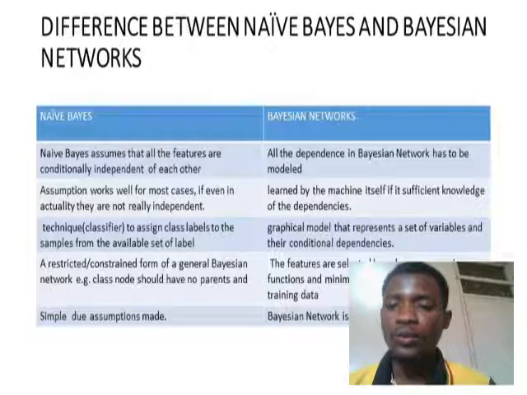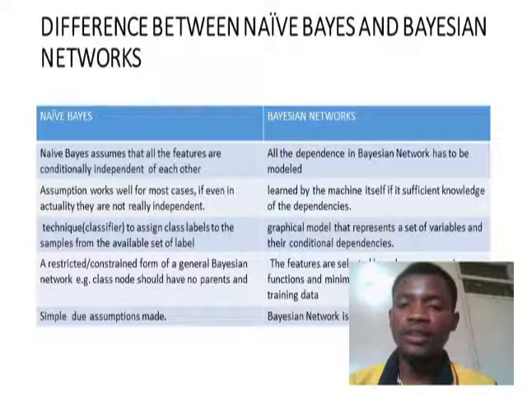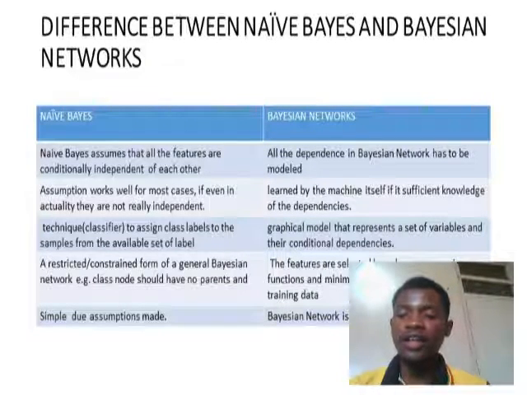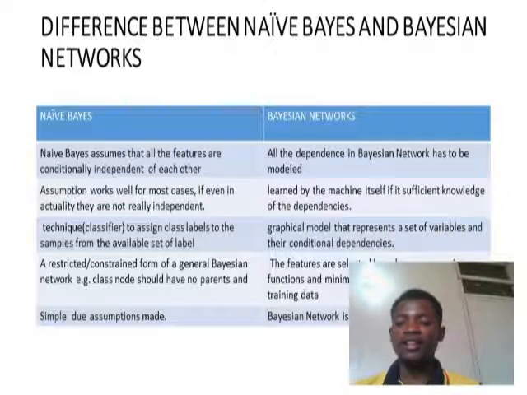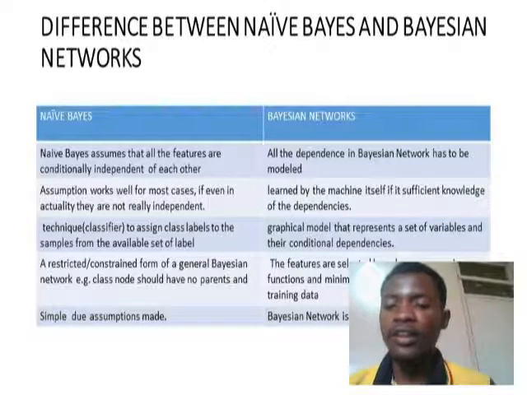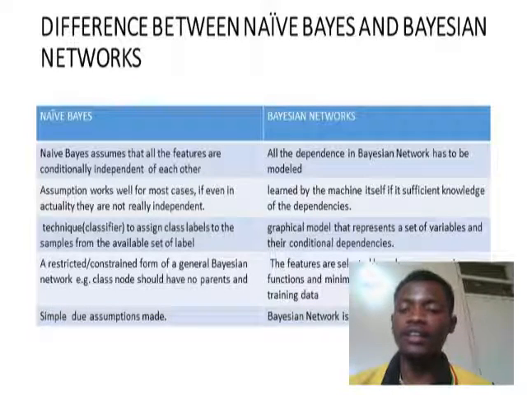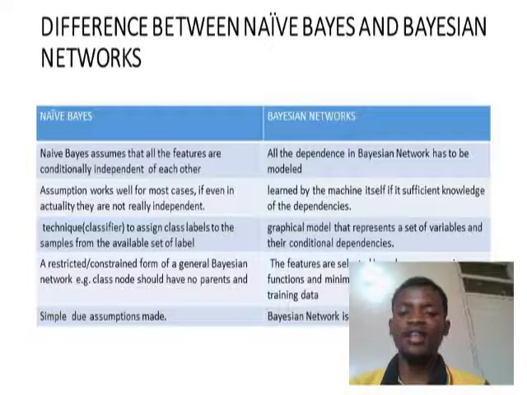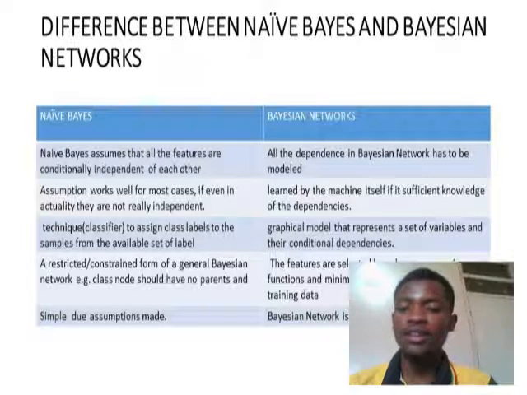Let's proceed to the difference between naive Bayes and Bayesian network. In naive Bayes, all the features are conditionally independent of each other, whereas Bayesian networks, as said earlier, have dependence, not independence.